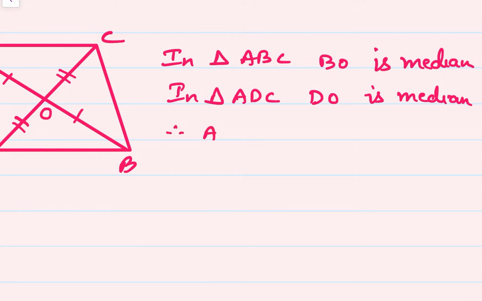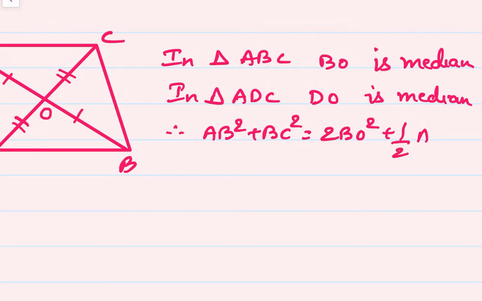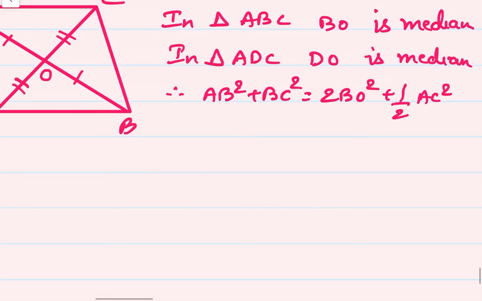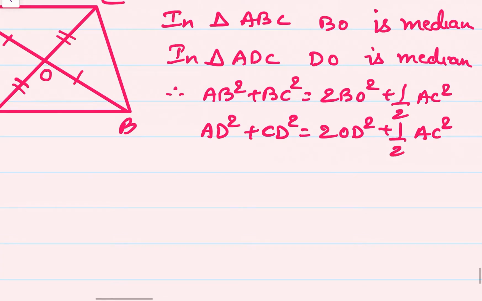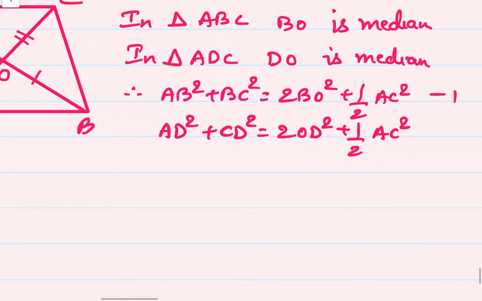Therefore, AB square plus BC square is equal to 2BO square plus half AC square. And AD square plus CD square is equal to 2OD square plus half AC square. This is our result 1 and result 2.